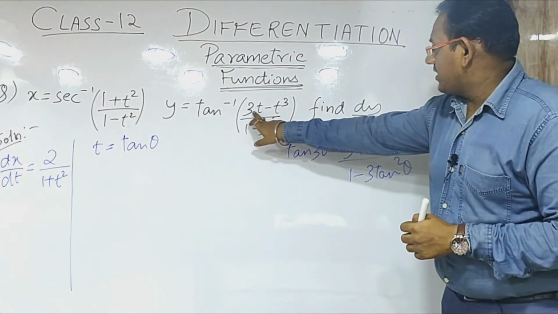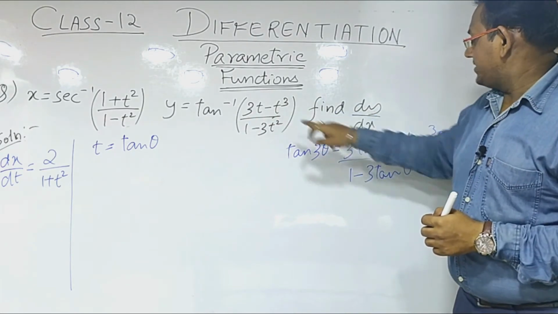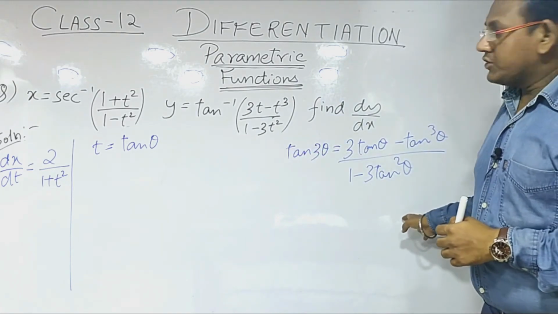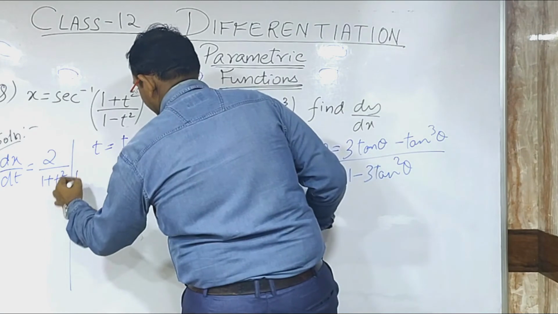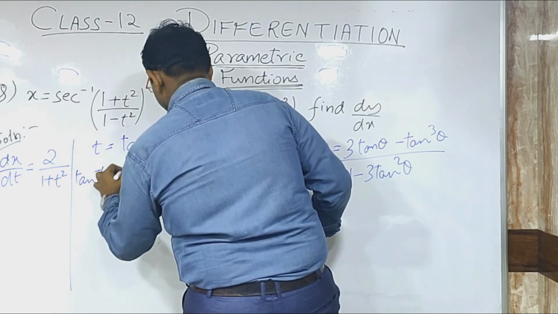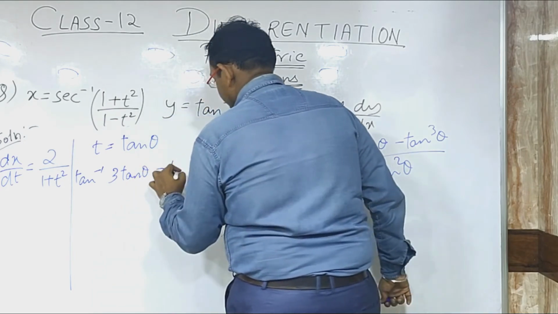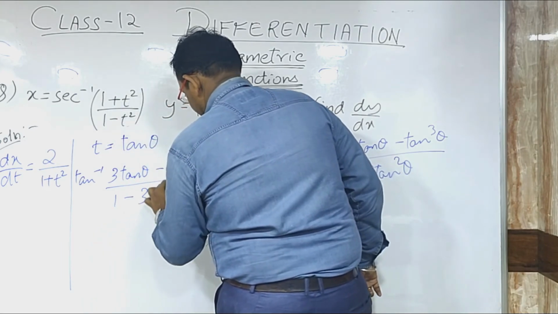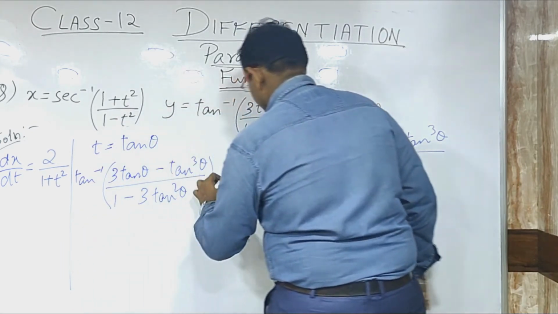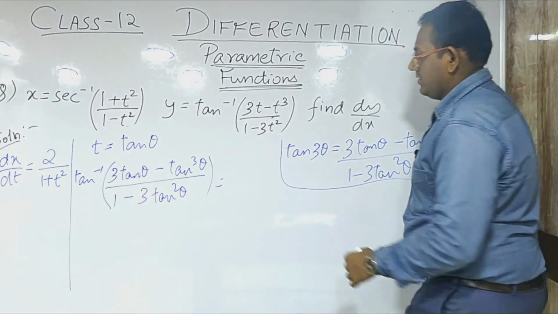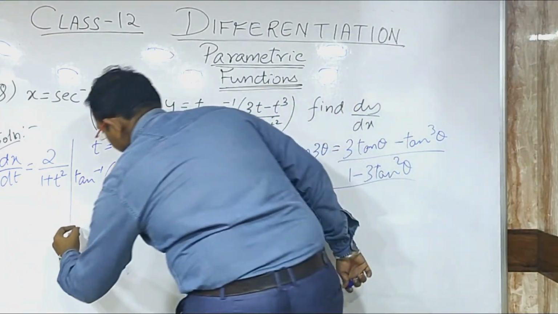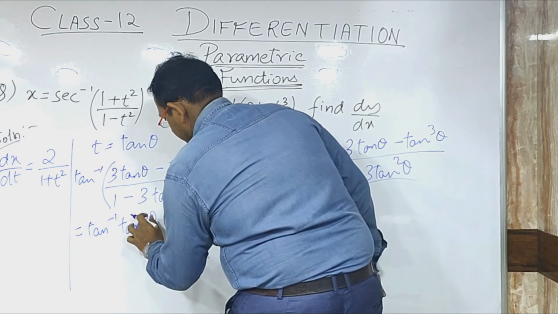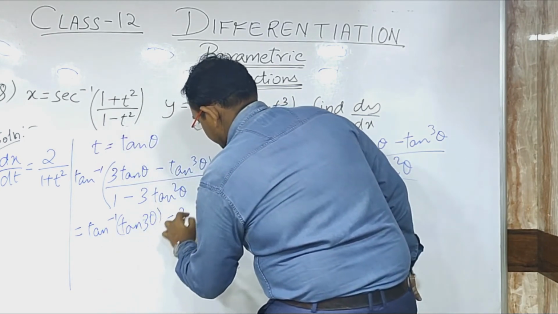So if we substitute this, it becomes tan inverse of (3 tan theta minus tan cube theta) by (1 minus 3 tan square theta), which gives you tan inverse tan 3 theta, and this part gives you 3 theta.